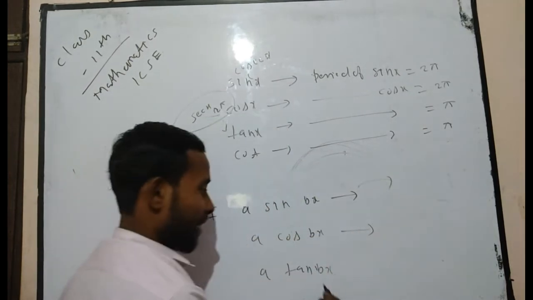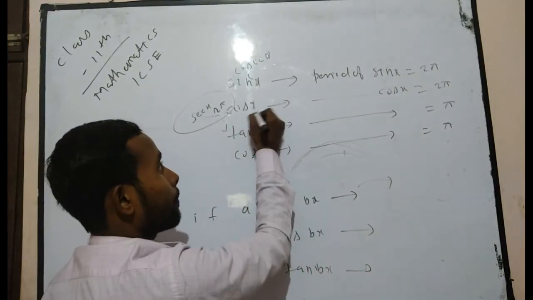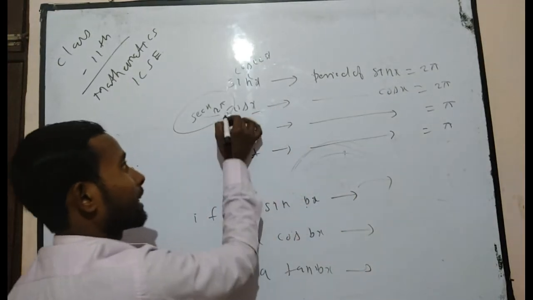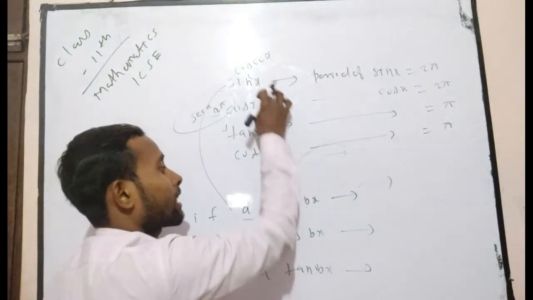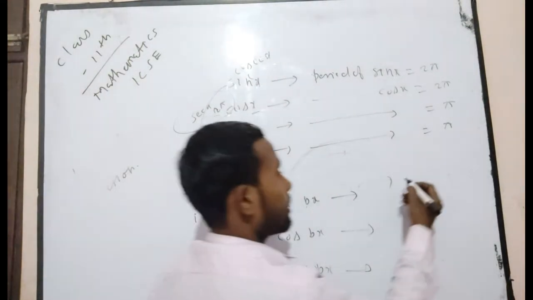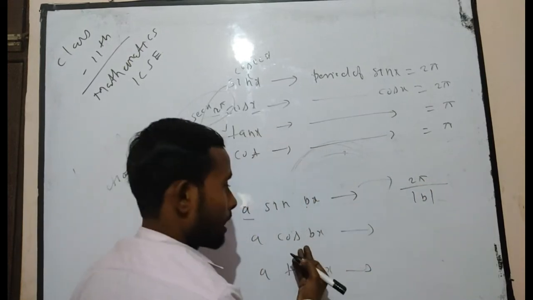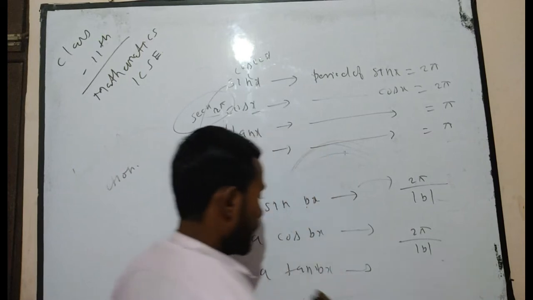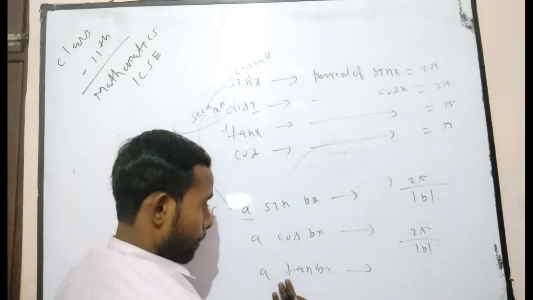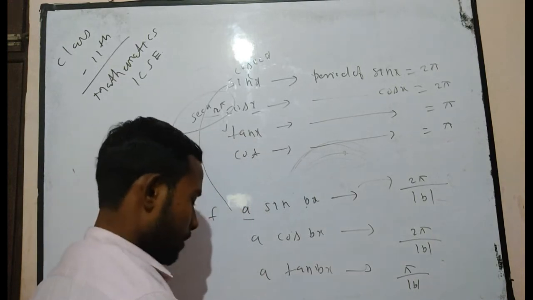If x is multiplied by b, and in the whole sin x you multiply by any constant a, then you get its period as 2 pi by magnitude of b. Similarly, a cos bx has period 2 pi by magnitude of b. For a tan bx, the period will be pi by magnitude of b.